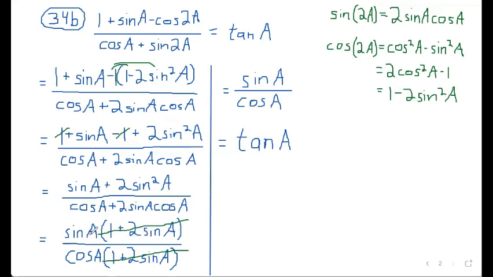So we end up with sine of A over cosine of A. And we just need one more identity to turn sine of A over cosine of A into tangent of A. Tangent of A is equal to sine of A over cosine of A. So when you see sine of A over cosine of A, you get tangent of A. And that is how we can convert the left side into the right side.